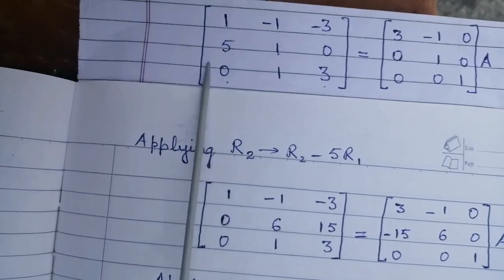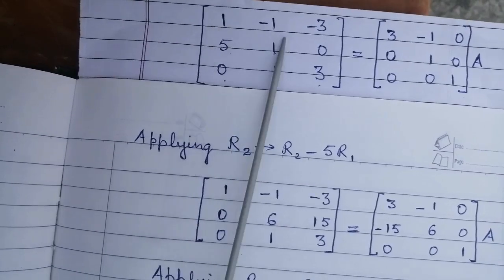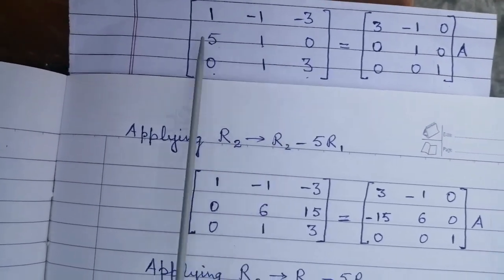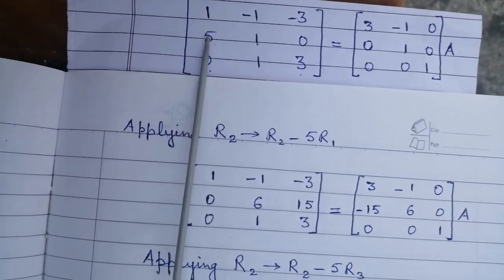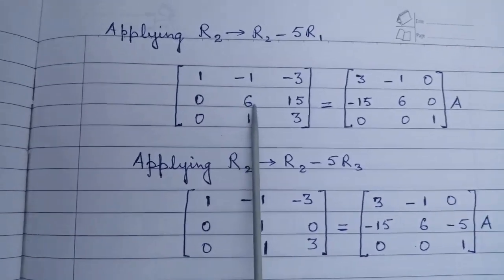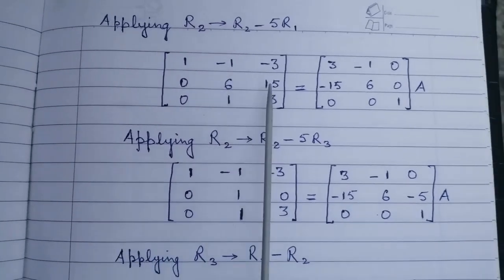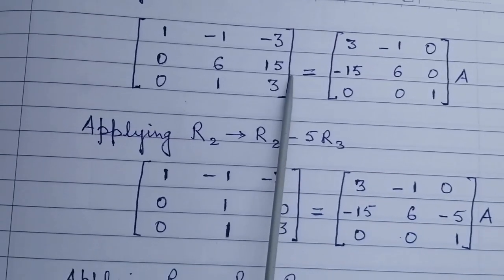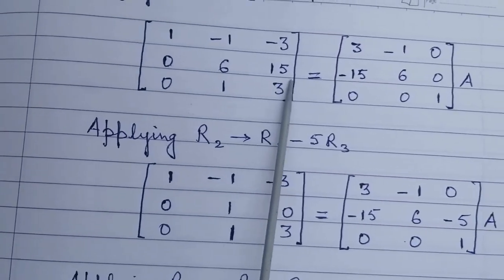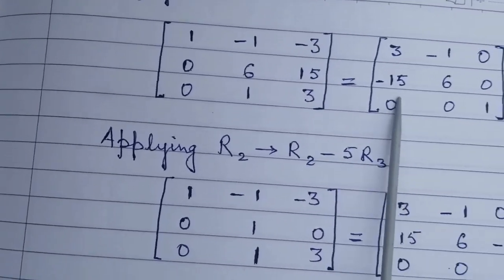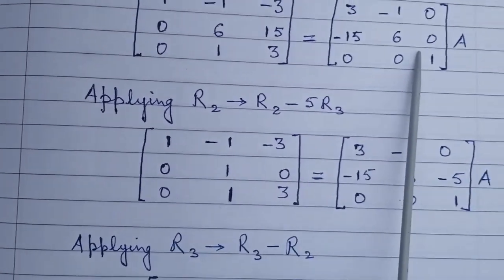So on R2 I apply R2 minus 5R1, because 5 minus 5 will be 0. So we have 5 minus 5 is 0, 1 minus minus 5 will be 6, and 0 minus 5 into 3, that will be 0 plus 15. So I get 15, and I've applied the same operation on this side also, right?